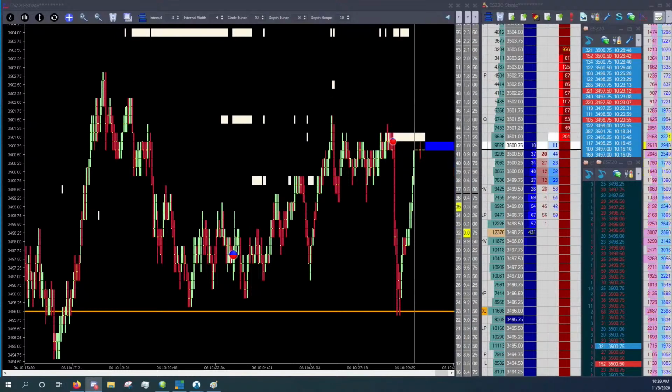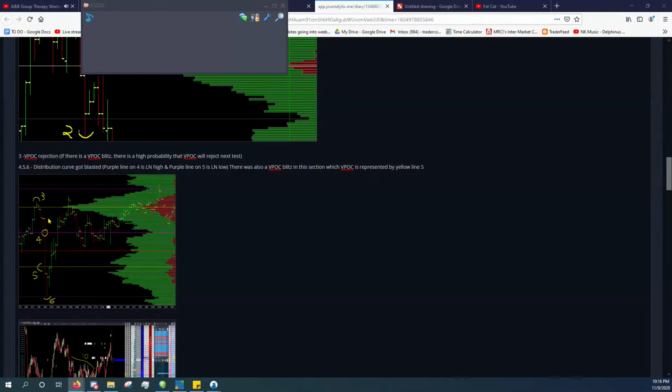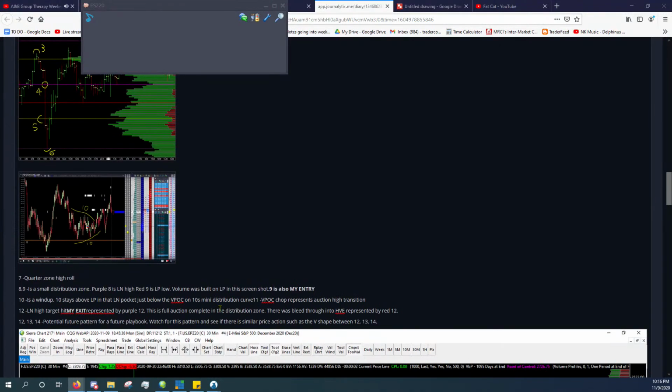So actually I want to put something in here. Where's 10 at? 10 days, stay above LP now. This chopping was actually an LP windup.